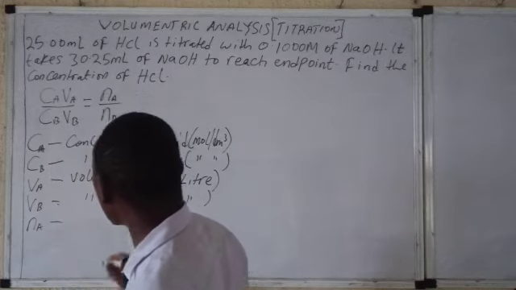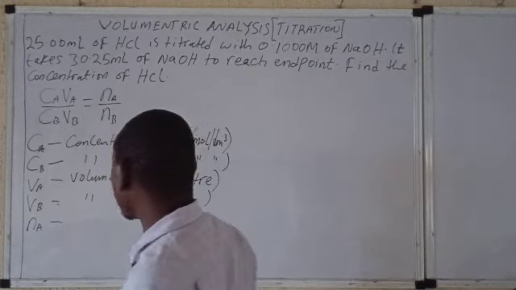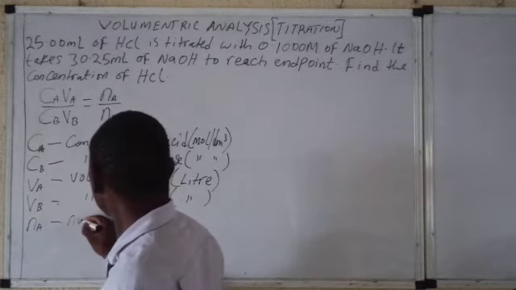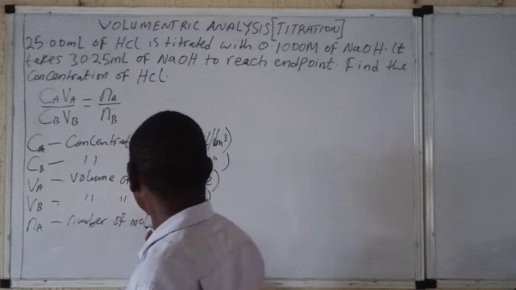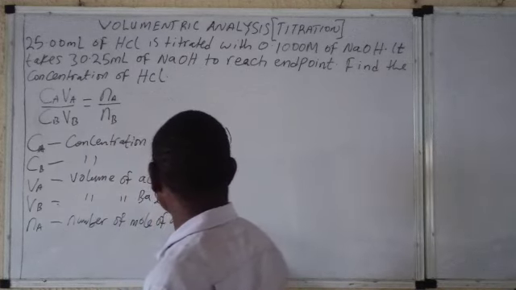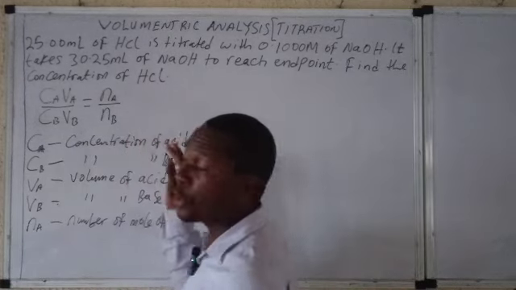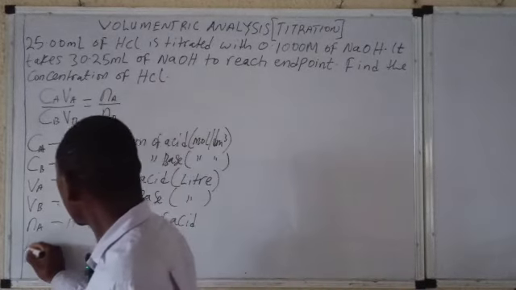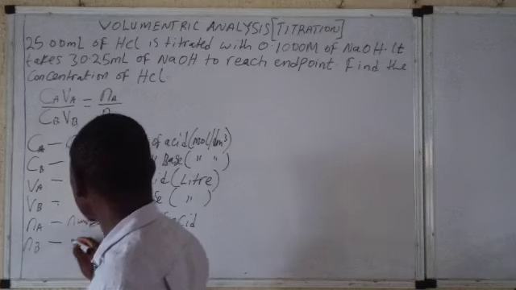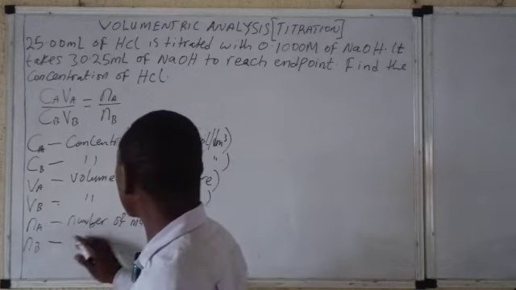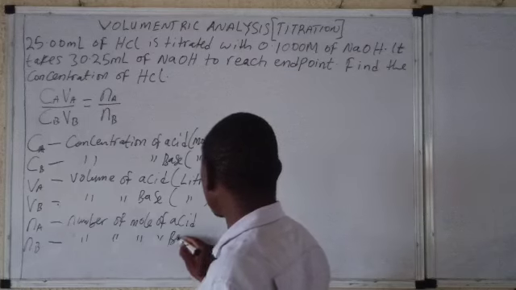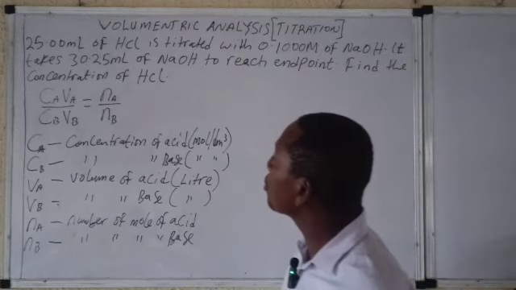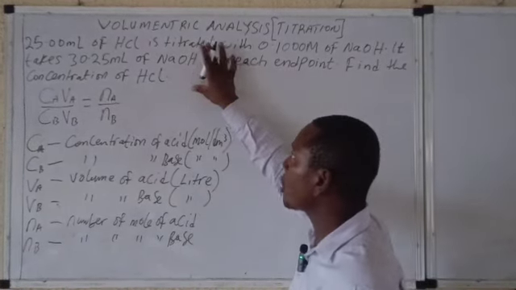This is the number of mole of acid, usually gotten from the equation, while Nb is the number of mole of base. Now, the first thing you do when they give you this kind of question is simple.